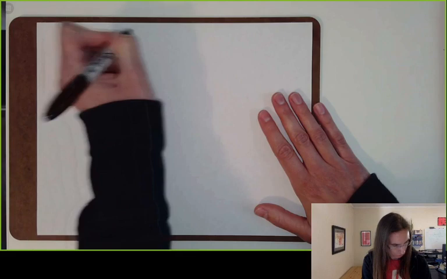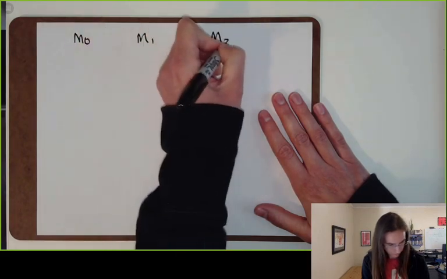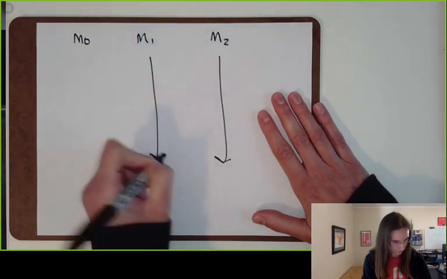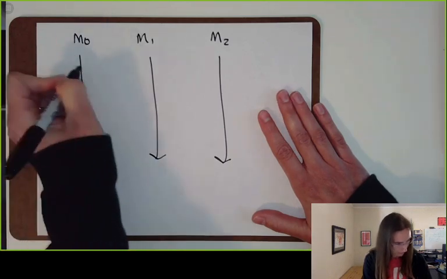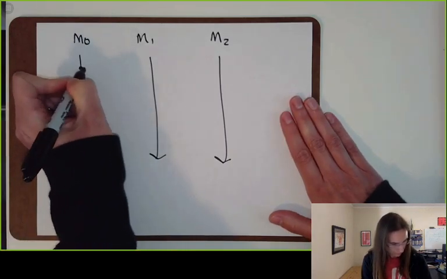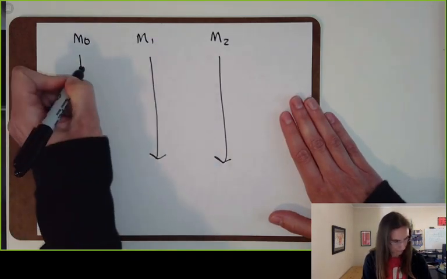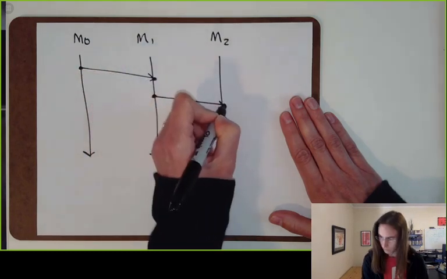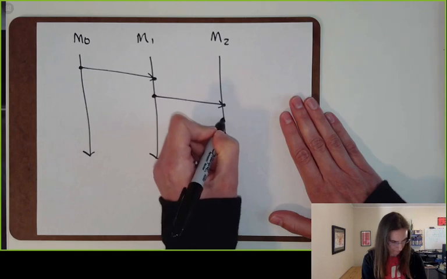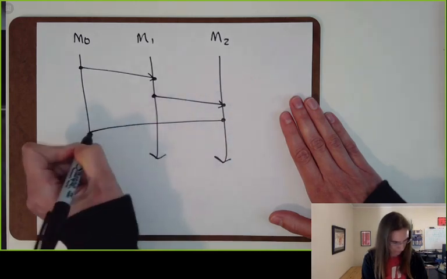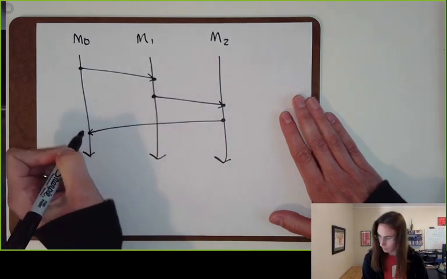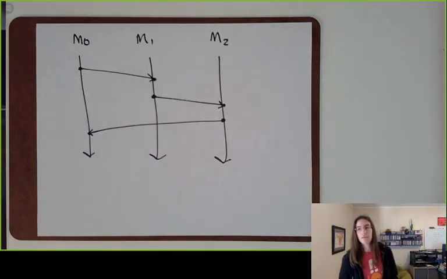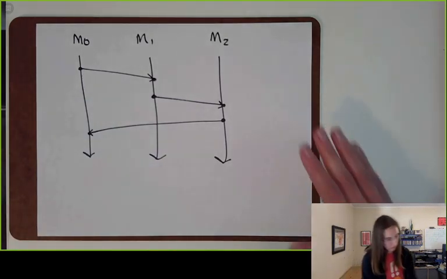Let's stick with our 3 machines. So here's the algorithm for assigning Lamport clocks to events.